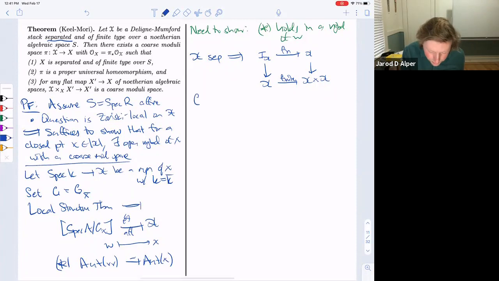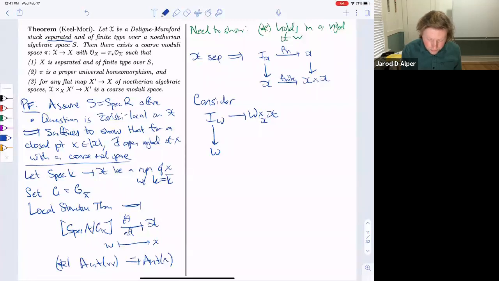And so what we do is we consider the relative inertia map, the inertia of W over W. And this maps to the pullback of the inertia of X. Right, and now because this is the base change of the inertia of X to X, this map is finite.